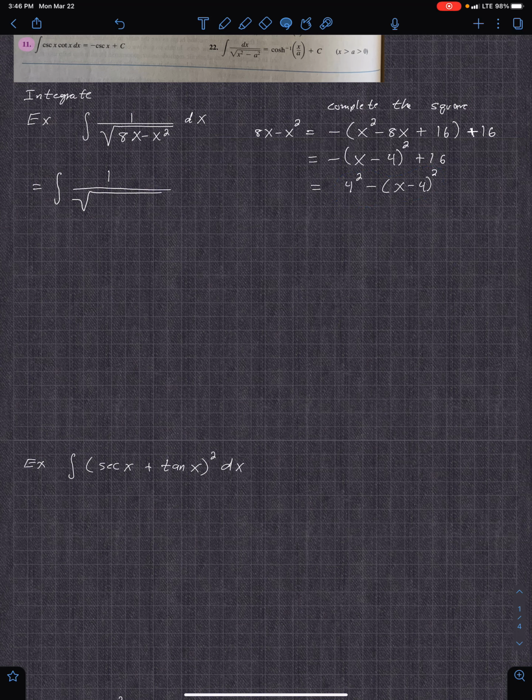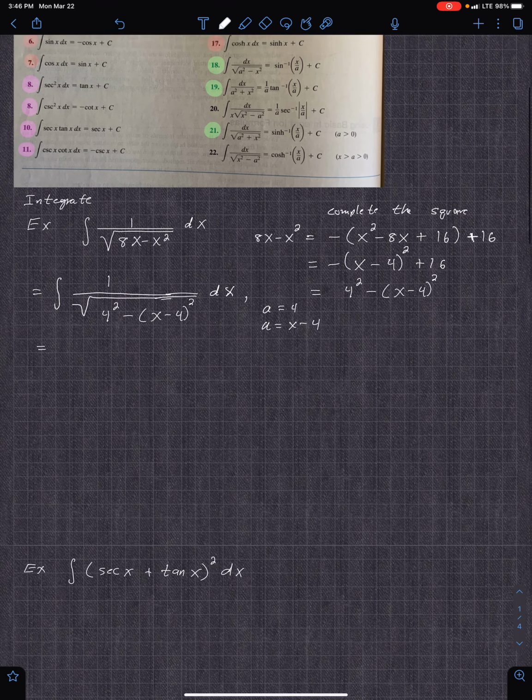I'll just copy it and extend this over like this. That's a dx, and so this is equal to, and this is your a, so basically you're going to use a formula. So a is equal to 4, and your u would be x minus 4.